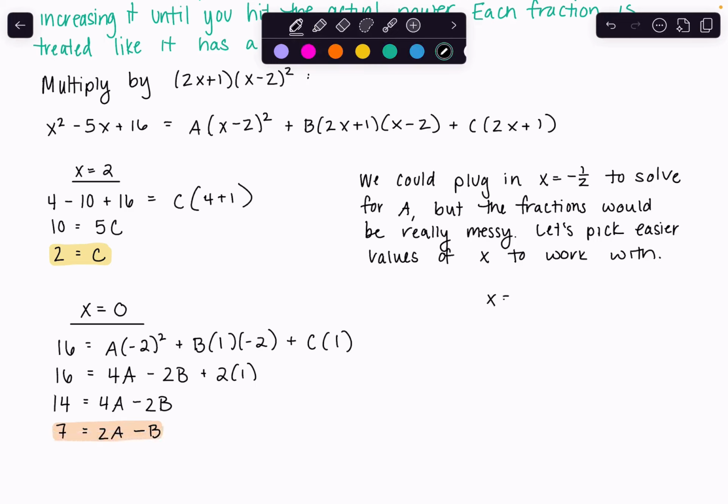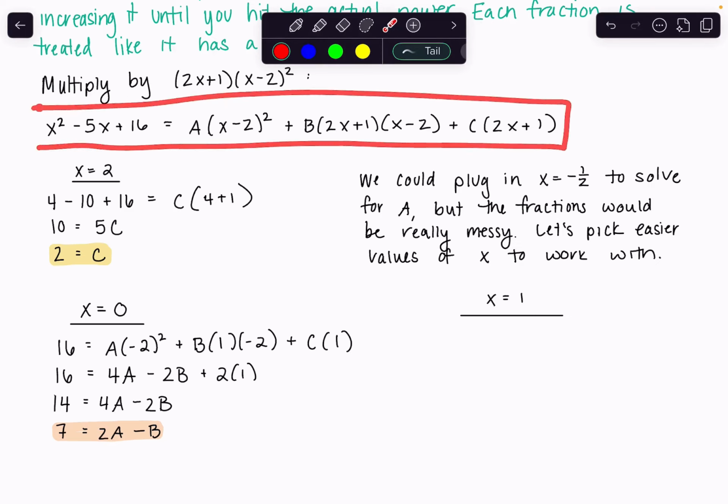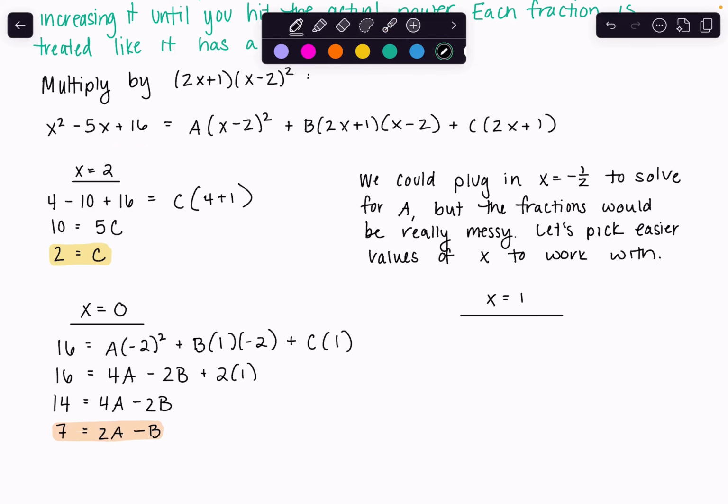So I need a second equation, so I'm going to pick a second nice number that I haven't used. I like to avoid minus signs because I can't tell you how often I also drop minus signs. So I'm going to pick +1. Plugging +1 in way back up here, that gives me 1 minus 5 plus 16.